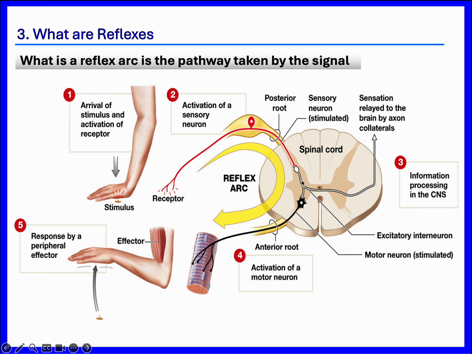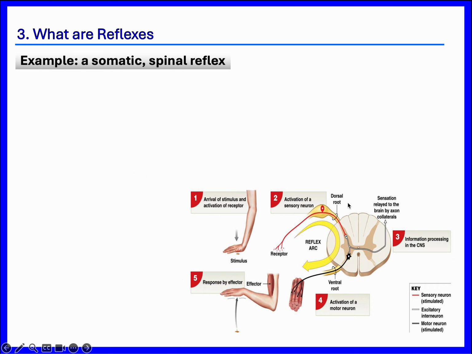The sensory neuron goes onto this interneuron, where it gets processed. Then this motor neuron exits and activates the effector, and then you have a response by the peripheral effector to move your hand away from the harmful stimulus, right? When you touch a pin, you quickly retract. This is a withdrawal reflex example, right?